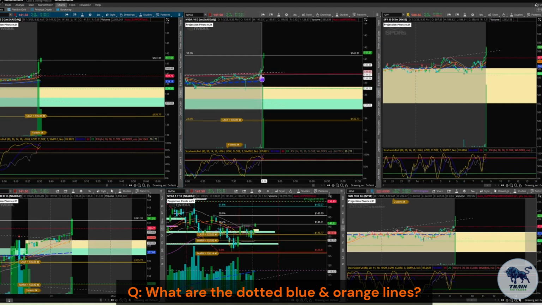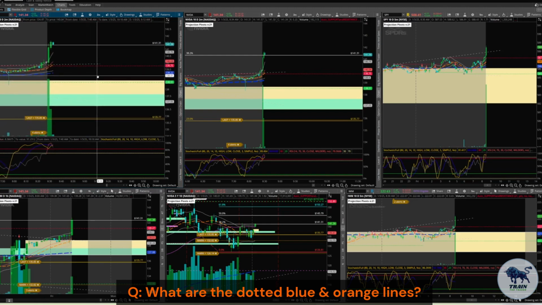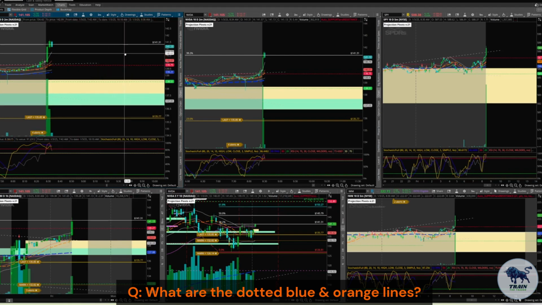And then the orange line is a 20 EMA, exponential moving average. It moves a little bit quicker and stays closer to the actual price because it's not tracking as many candles, so it's going to be faster moving.